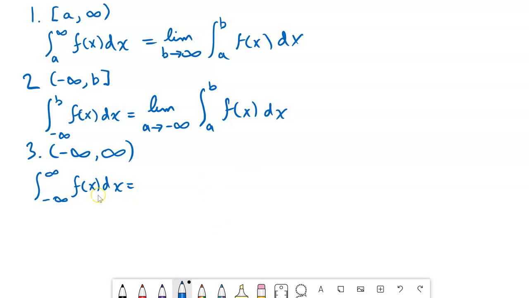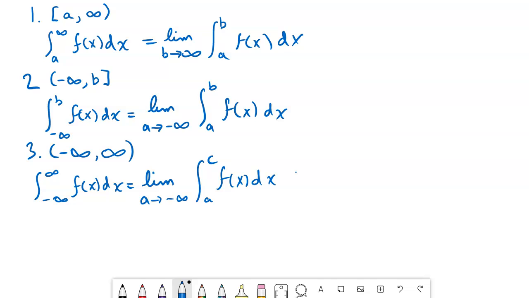And we have to do something interesting here: we take two limits. We take the limit as a approaches negative infinity of the integral from a to c of f of x dx, where c is just any point between negative infinity and infinity.